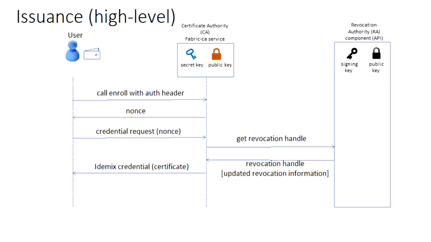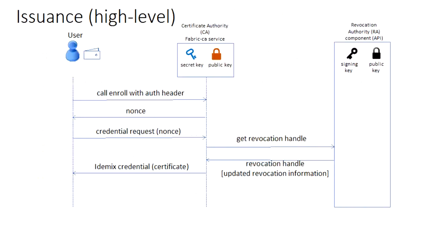The user stores the public key of the certificate authority, the public key of the revocation authority, and the current version of the CRI. It can also fetch the next versions later before doing the proof. And it has the Idemix credential, which consists of the secret key of the user, the list of attribute values of the user, and the signature from the certificate authority. This is enough to do the proof and to sign transactions.